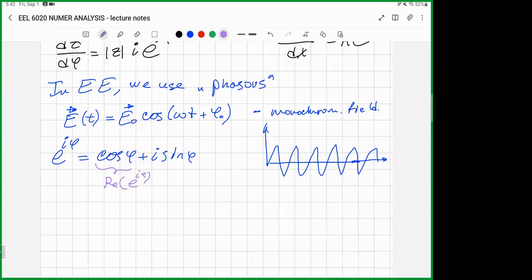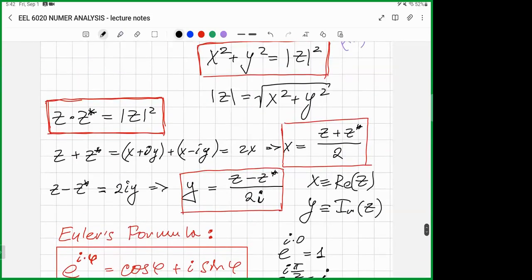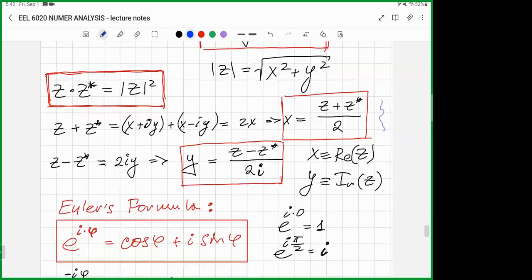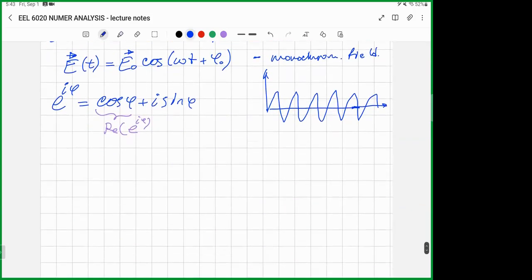Okay, and I need this cosine function, so I can use this approach of taking the sum of the two and dividing by 2 to get the real value of this exponential function.